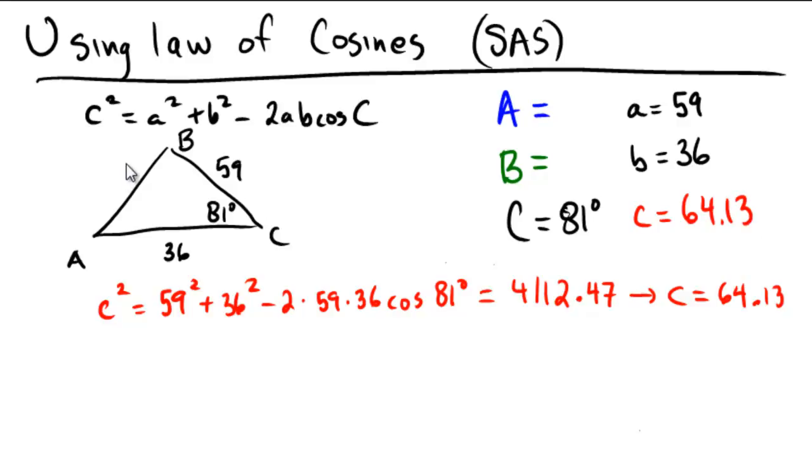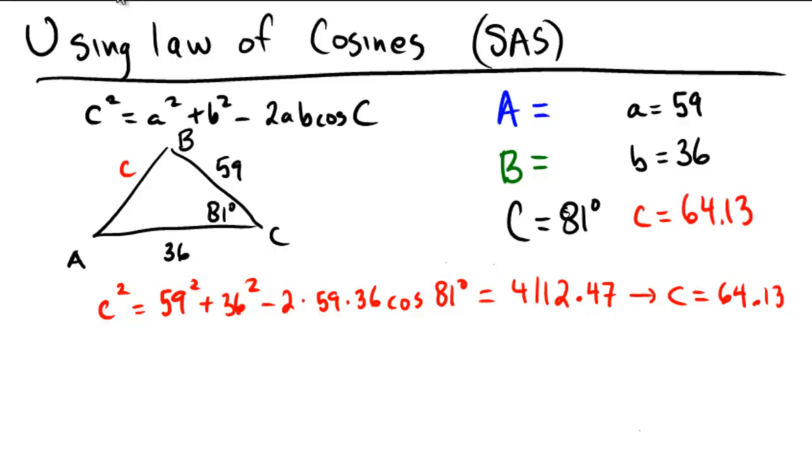Now that we know side C, we can use the law of sines to get either sine B or sine A. With the law of sines, I highly recommend, for reasons I won't go into in this video, that you always find the smallest angle first if you're using the sine part of it. So we're going to find angle B first because it's opposite the shortest side, 36.